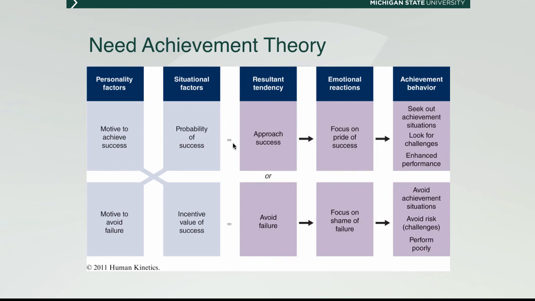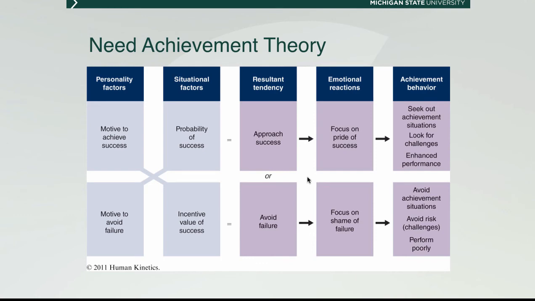A lot of times you'll hear this called approach and avoidance motivation. Is the person looking to approach situations that will provide an opportunity to succeed, or are they engaging in an activity simply to avoid failure? Are they trying hard, putting in a lot of effort, not because they want to succeed, but simply because they do not want to fail?